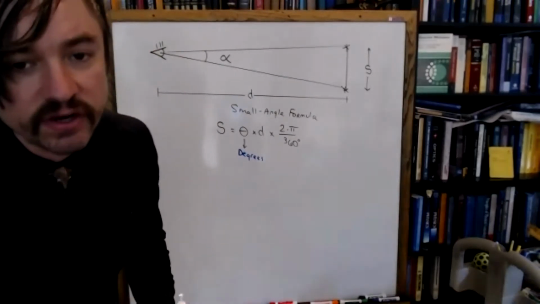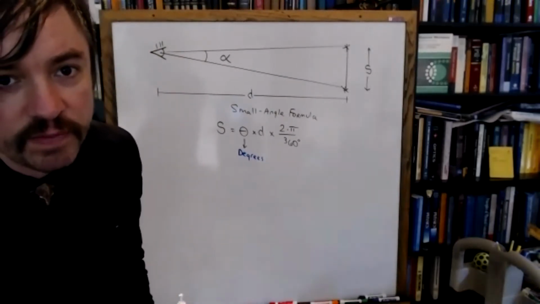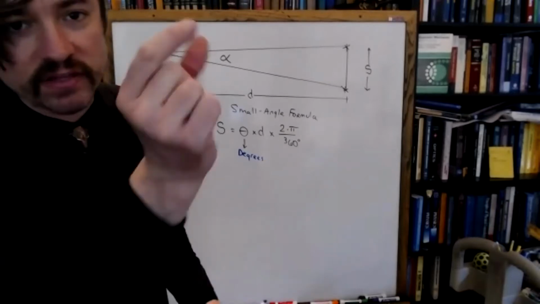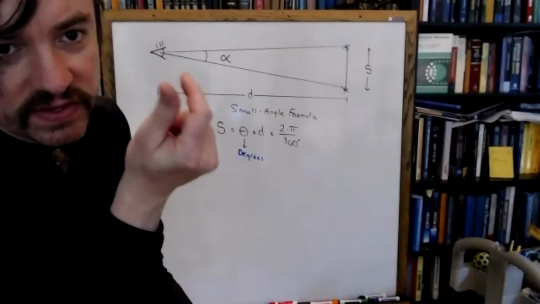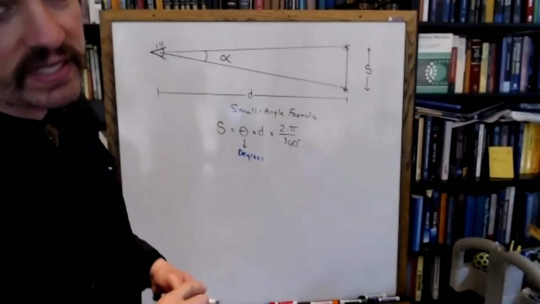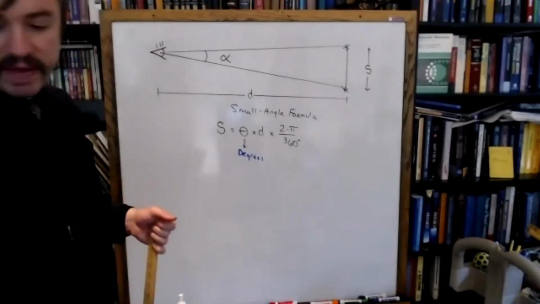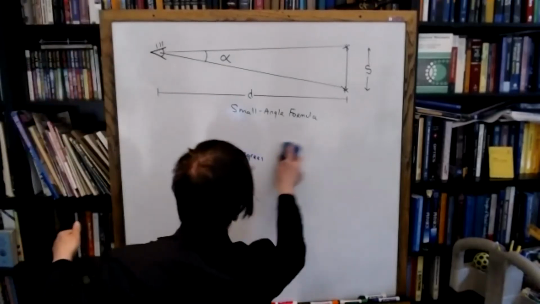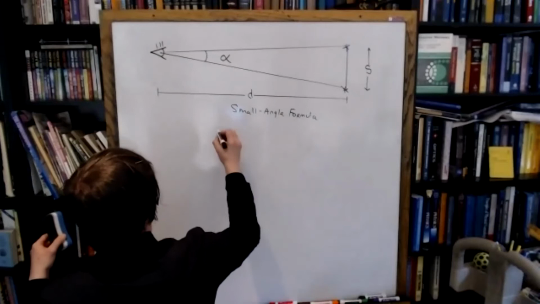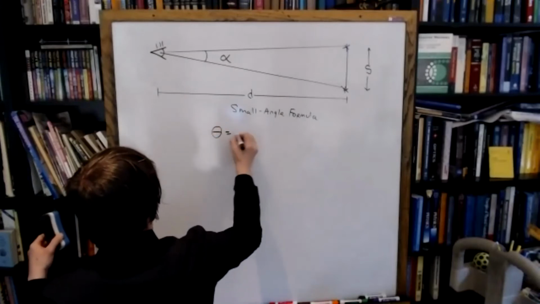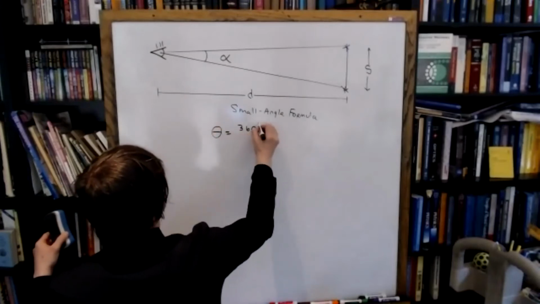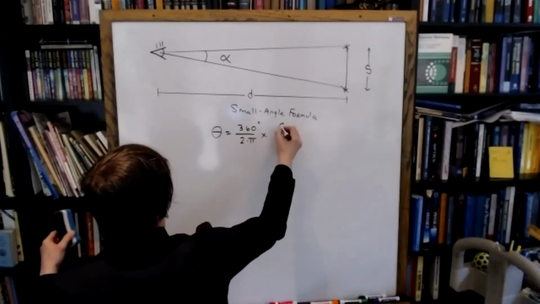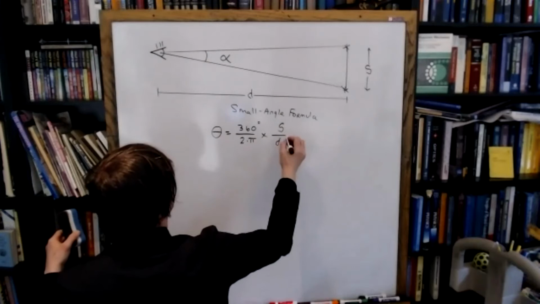Obviously, degrees are a super sucky unit of angle to use when you're trying to measure the angular separation between two binary stars separated by a very tiny angle. In fact, I got a better idea. Let me rewrite this in terms of the angular separation between the two stars. When we did that, it was theta equals 360 degrees over 2 pi times S divided by d.